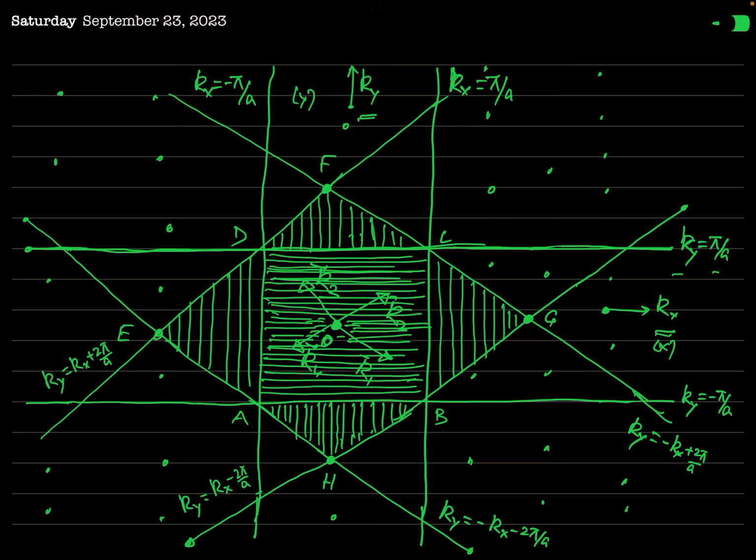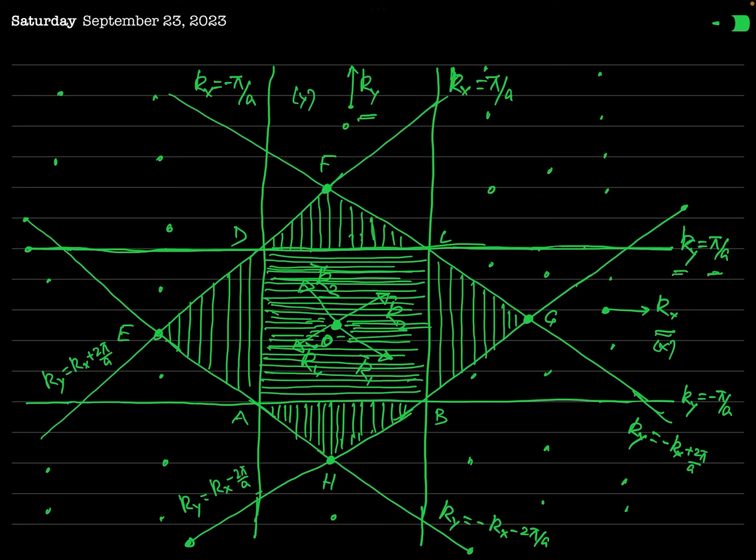Now, kappa y equal to pi by a represents a straight line which is parallel to this kappa x axis. At any point on this straight line, the value of kappa y will be equal to pi by a.